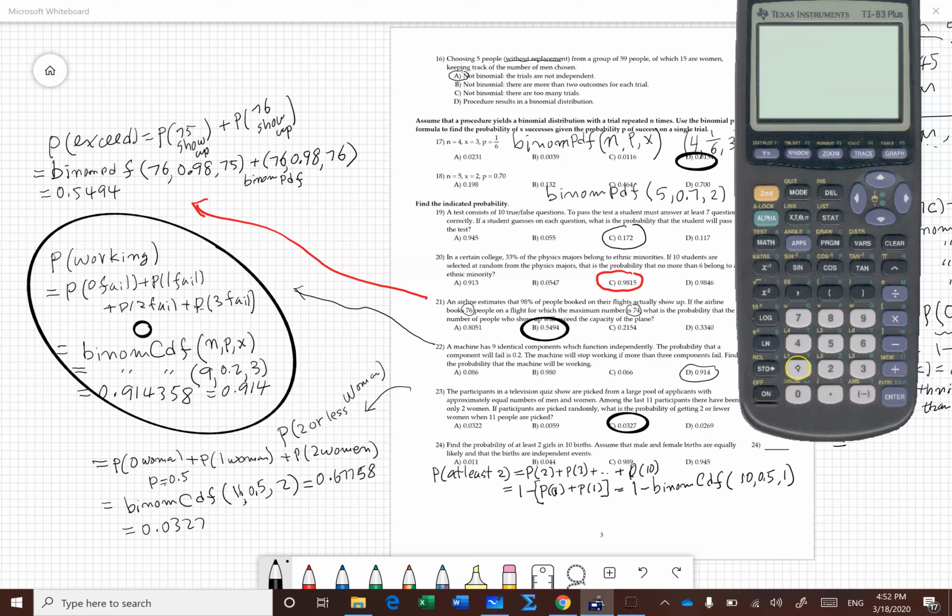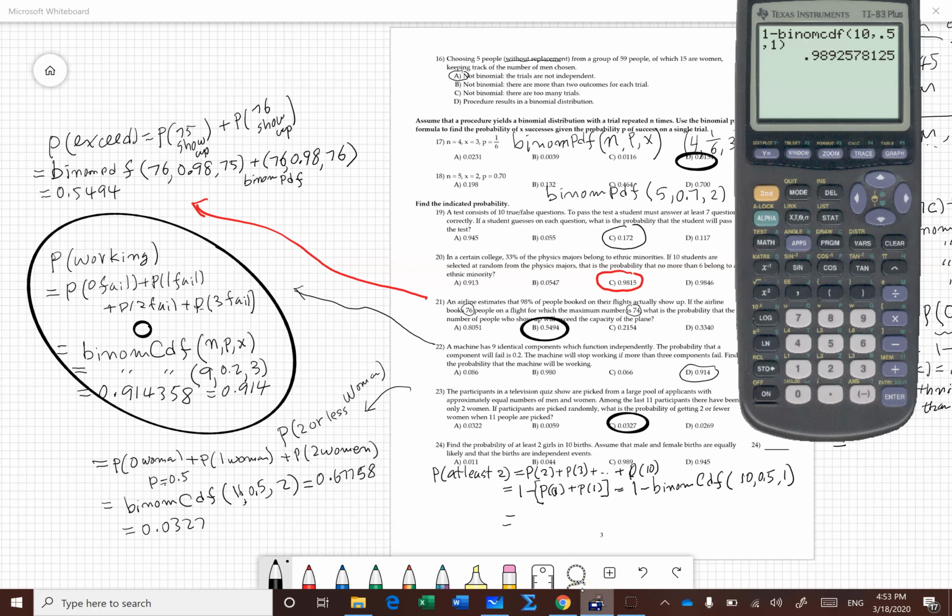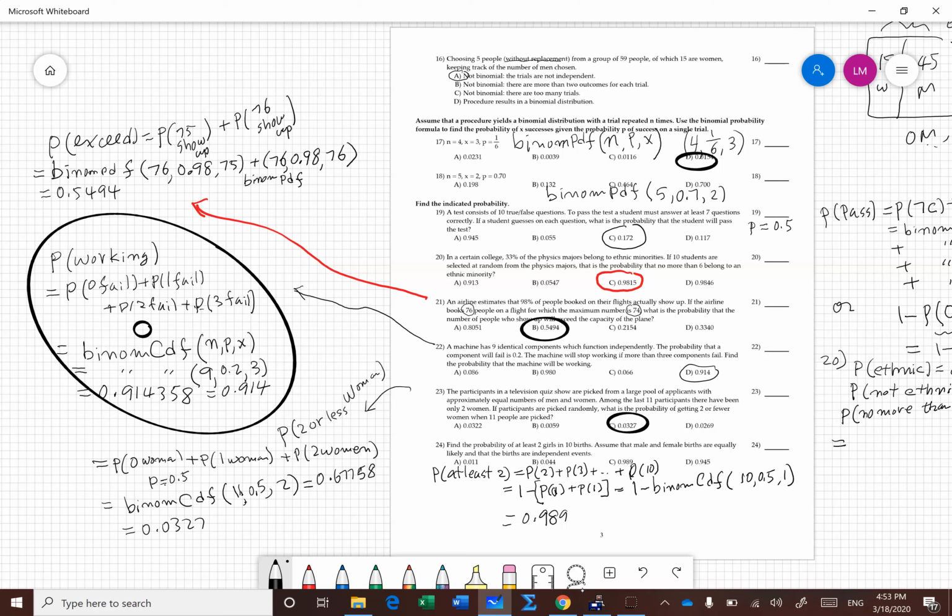Clear, 1 subtract binom, second bars, binom CDF, what is it? 10, comma, 0.5, comma, 1, close parenthesis. I get 0.98925. That is almost 0.989. Answer is C. Okay, so is that the end of it?